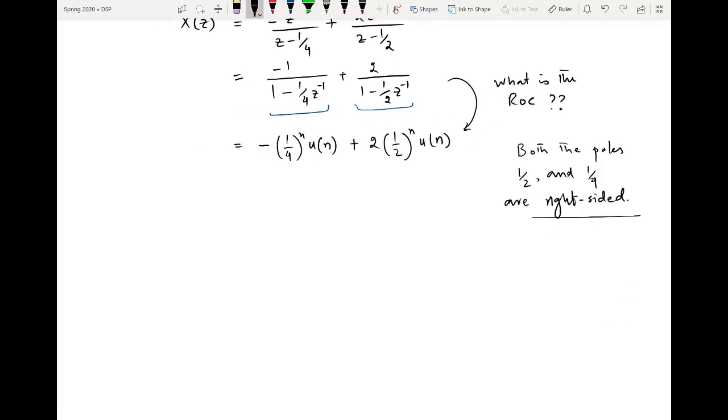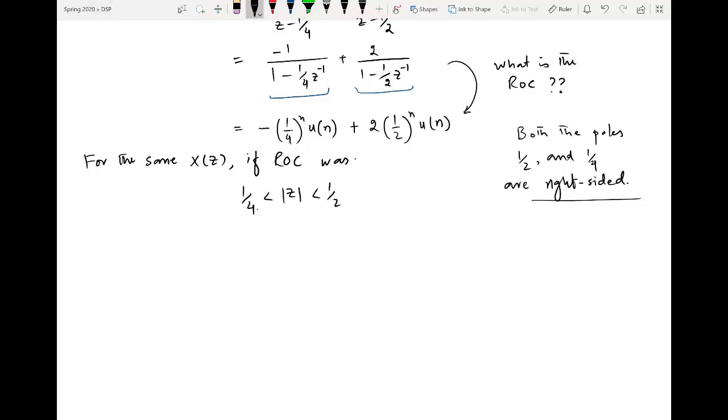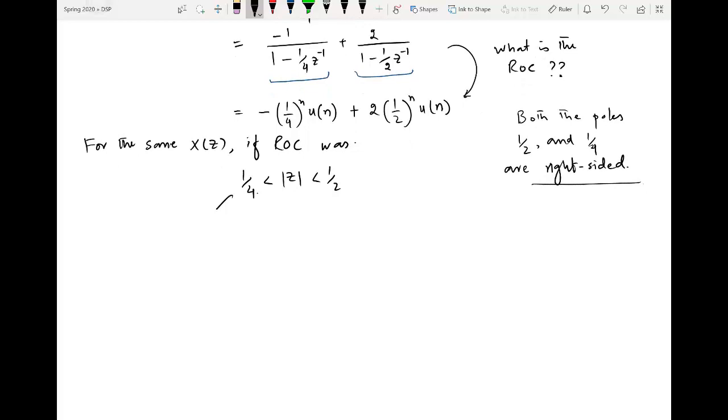Let's say the case was different, for the same X of z. If the ROC was like this, magnitude of z less than 1/2 and greater than 1/4, it would have meant that the 1/4 pole was right sided and the 1/2 pole was left sided, because it is inside 1/2.